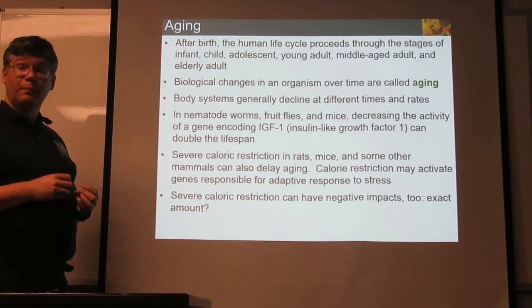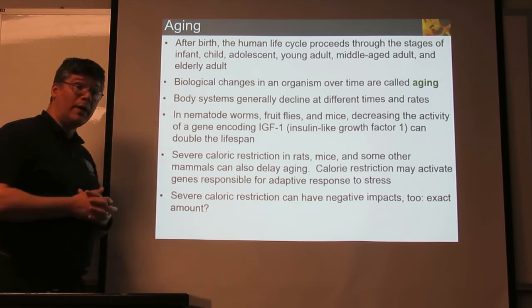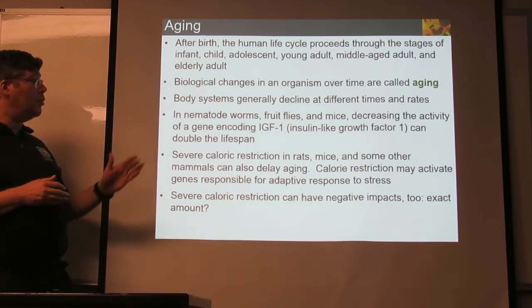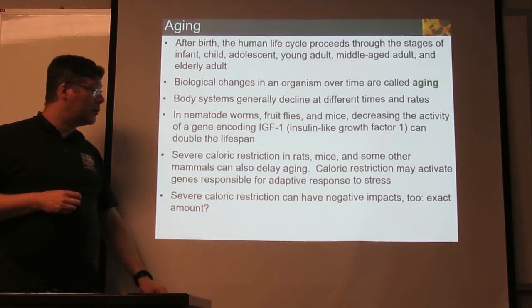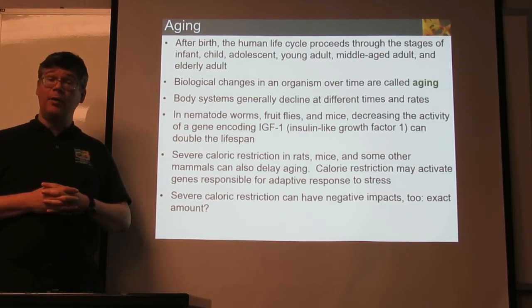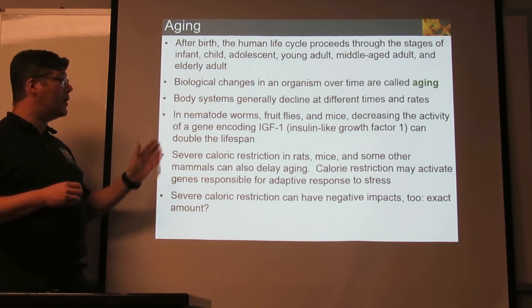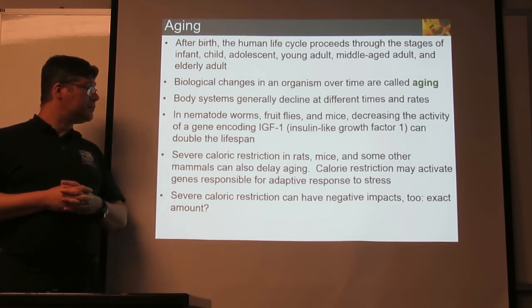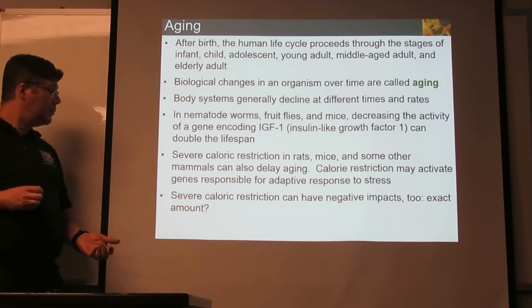This is influenced both by environment and genes. One key gene has been found to affect many animals. And if you turn that gene down, it can greatly increase the lifespan of many types of animals. But there are trade-offs.